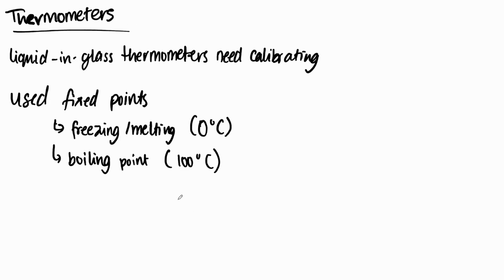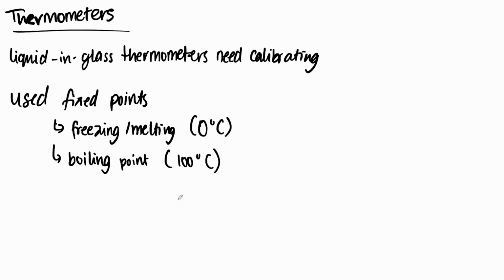Then thermometers, they are a way of measuring temperature. There are several different types, but for example, liquid and glass thermometers, so ones maybe containing mercury, need to be calibrated every now and then to make sure that the temperature readings are actually accurate.